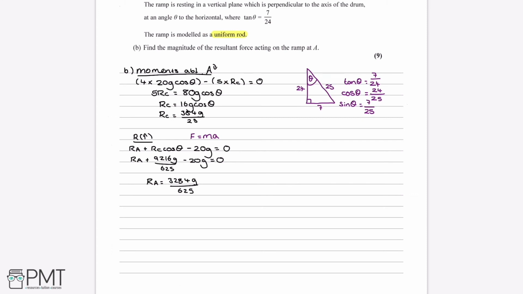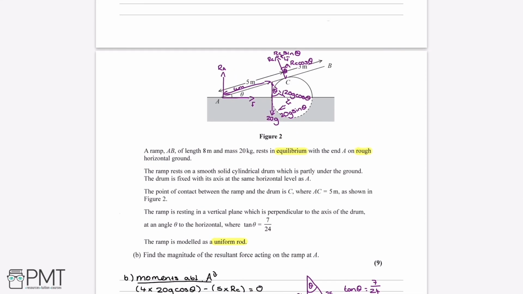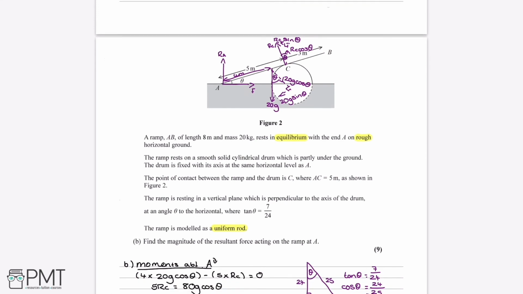And now, if we do the exact same thing, resolving horizontally, to the right in this diagram, which is in the direction of F, we can find an answer for what F is. So if we resolve horizontally, we know that the forces acting in this direction are just F. F is the only force acting in this direction.